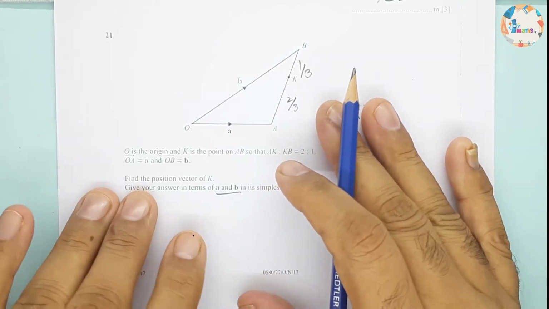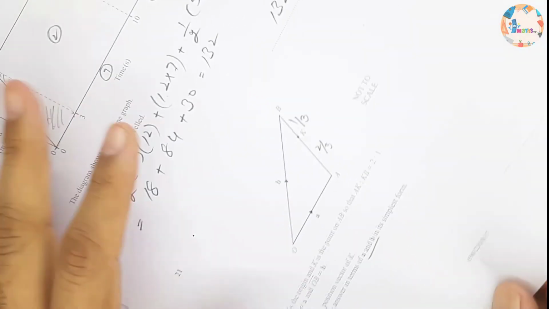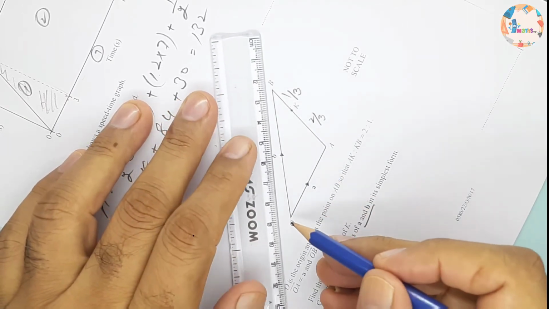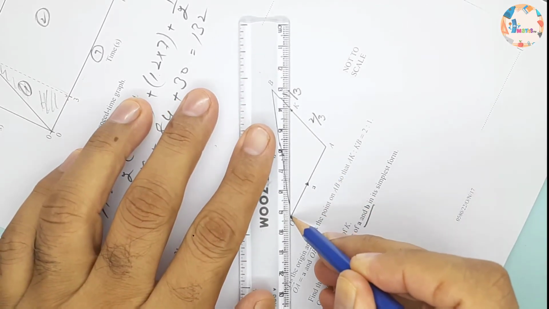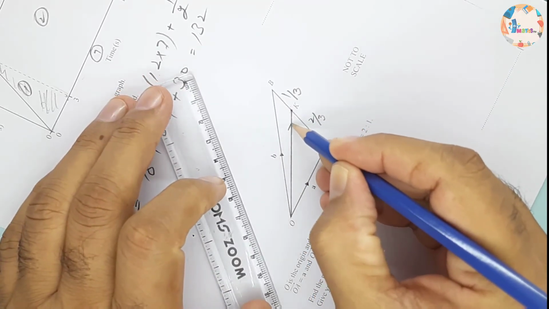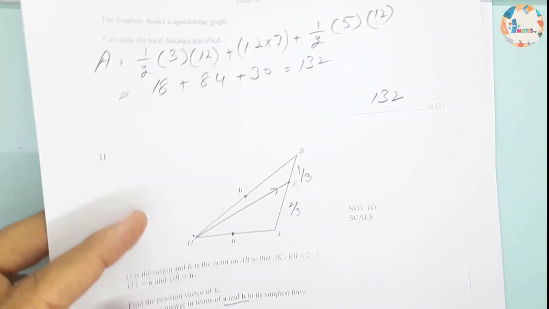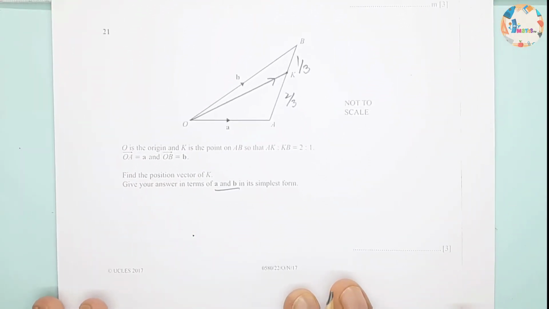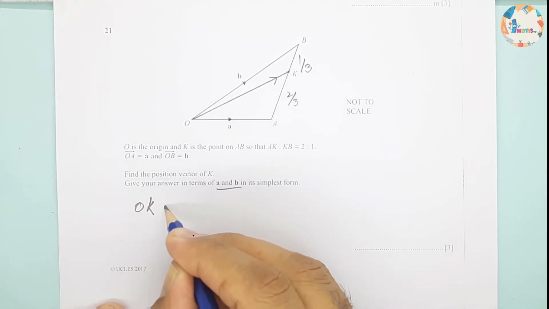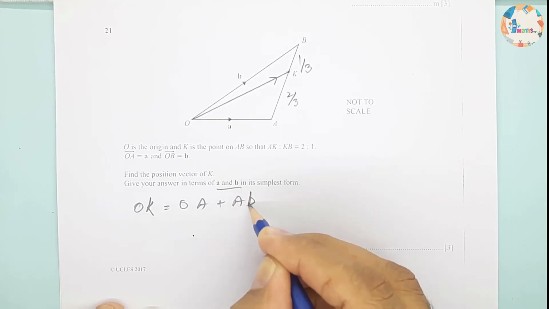So we will be finding the position vector. For position vector of K, what we can do, we can draw a line from origin, for example, from here up to K will be this one, and this will be the position vector, which is OK. Now we can write OK will be equal to OA plus AK.